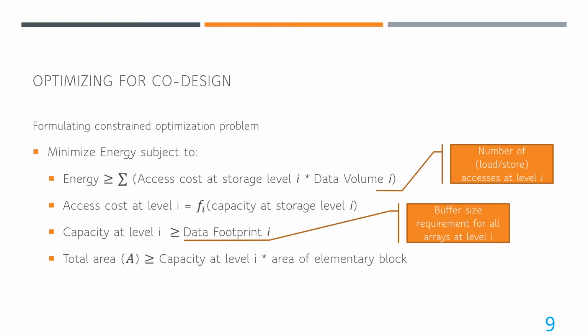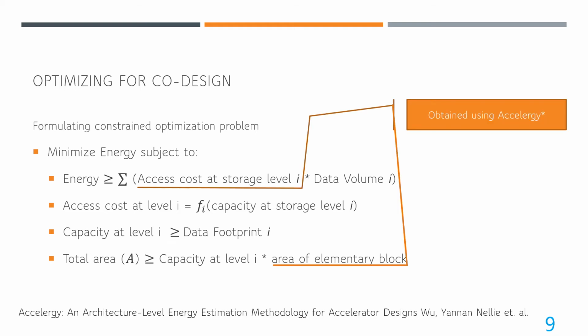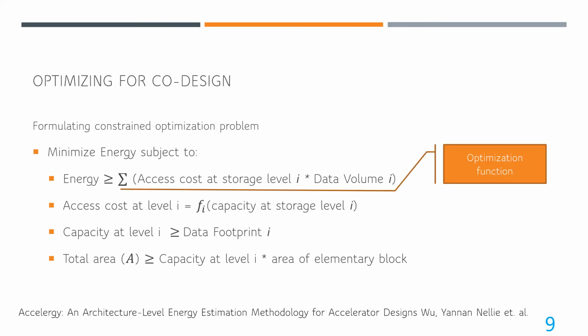The access cost at a level is dependent on the memory technology used at that level, for example, registers, SRAM, or DRAM, and the storage capacity at that level. We can use Accelergy from Nelly Wu et al. to find this metric. Accelergy in turn inquires Aladdin or Cacti or vendor-specific databases for this info and extrapolates if needed.